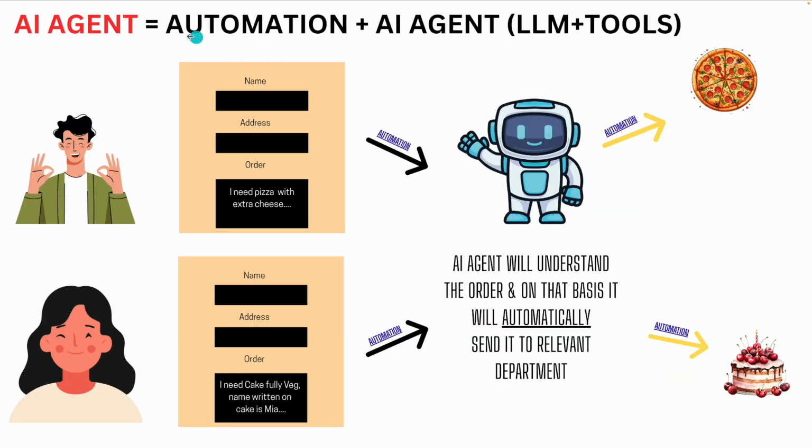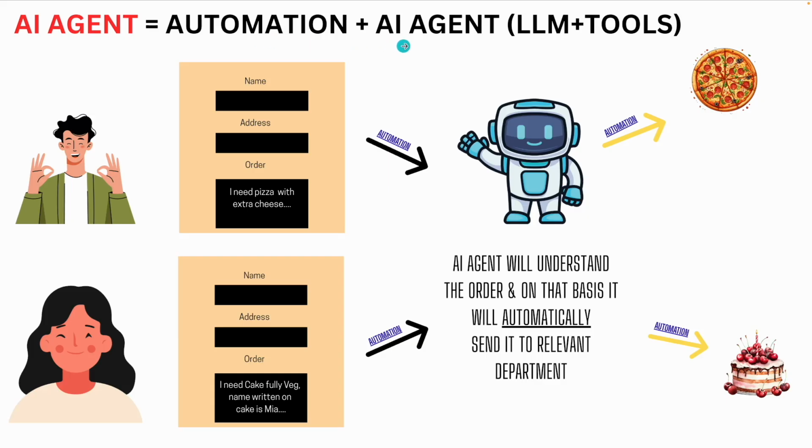But in the case of an AI agent, automation will happen, that is something very easy. But additionally, it will also have the AI agent capabilities like brain and tools, LLM plus tools, remember. This makes the AI agent more powerful as compared to automation.